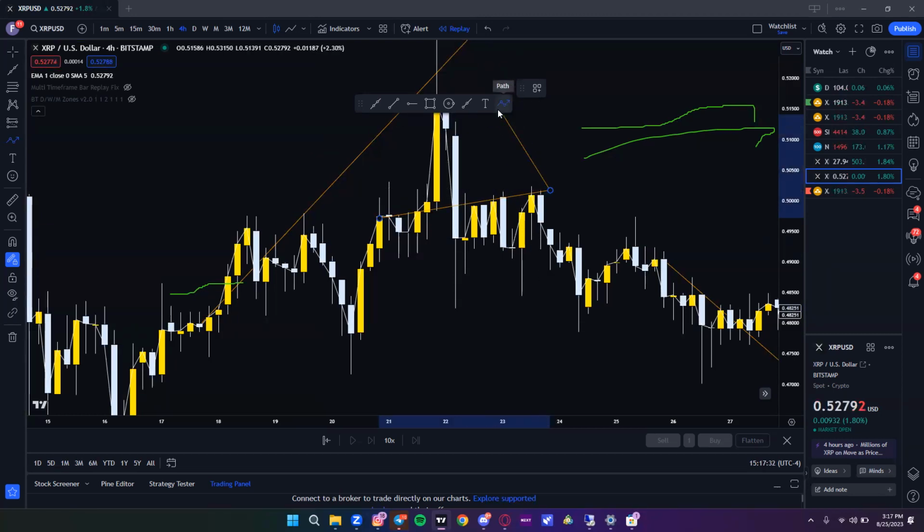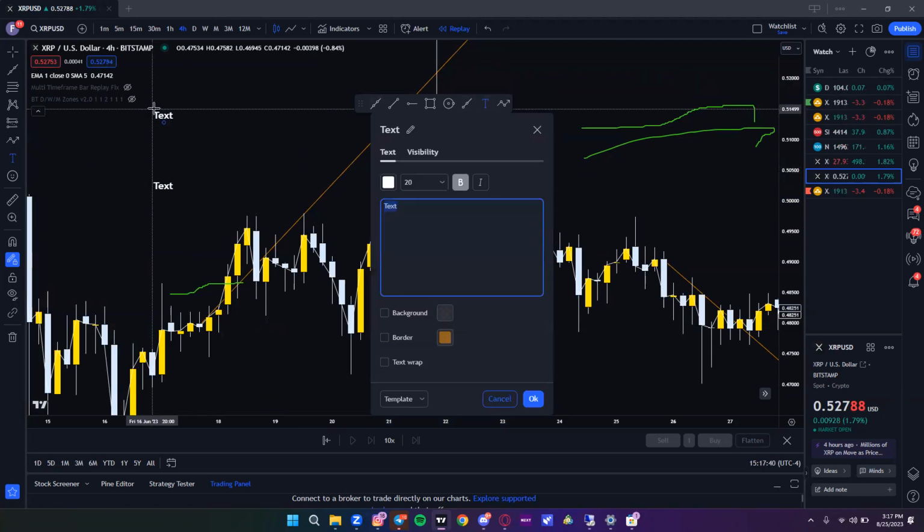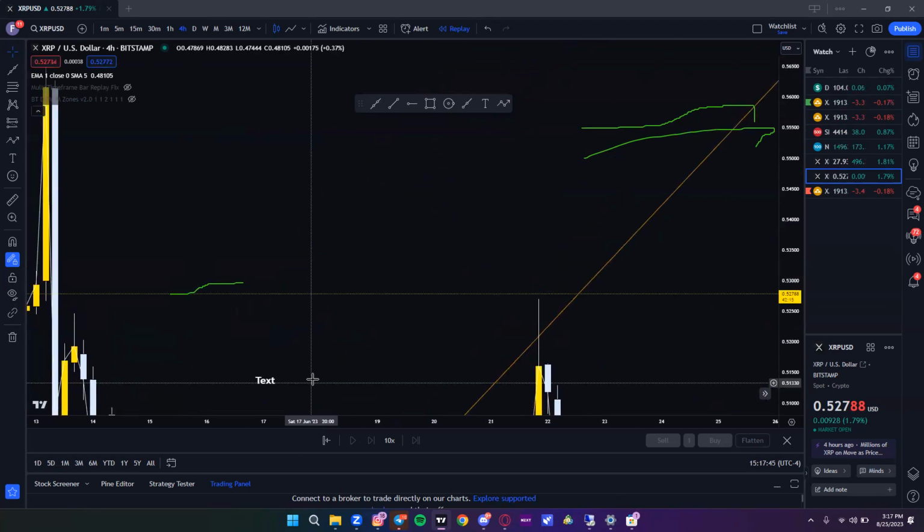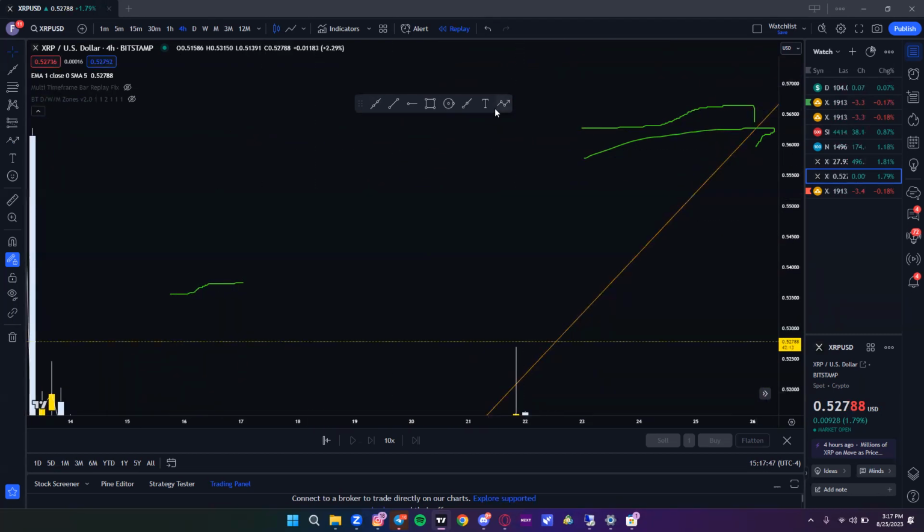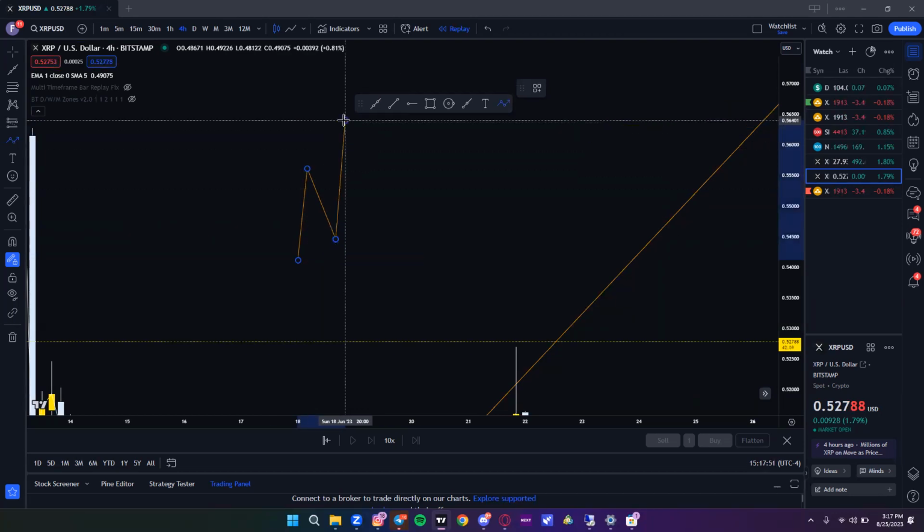Let's do T5. So T5, it's a head and shoulders trend line. One, two.